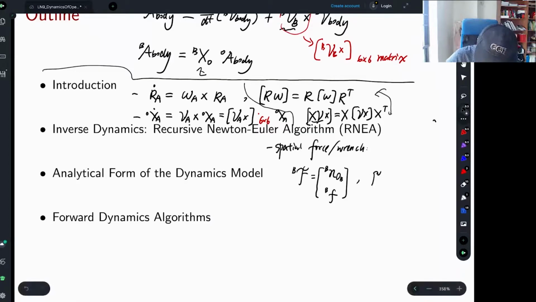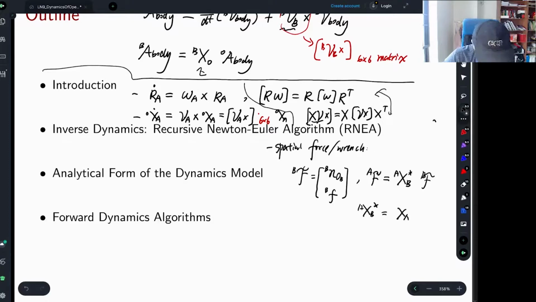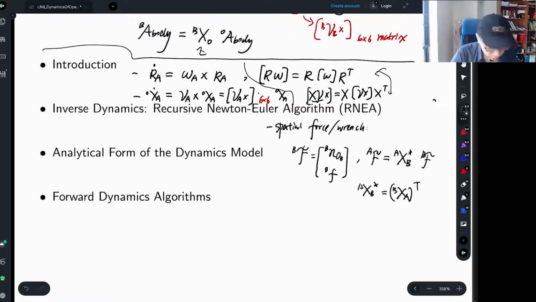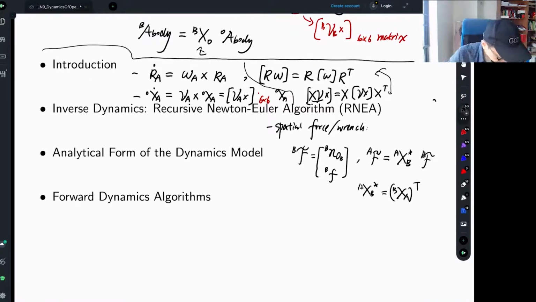We also know that force can also do a change of coordinate, which will have F_A equal to X_BA star times F_B. It's a different change of coordinate. I think we derived it. And also you know that X_BA star equals X_AB transpose. Okay, I think we already derived everything here.